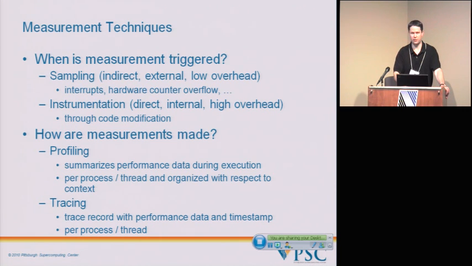So obviously tracing gives you the most detail, but that can be a benefit or it can be a drawback, both in terms of having enough space to store it and also being able to make sense of what you get back. So we'll hit all these things a little bit in detail as we go through here.